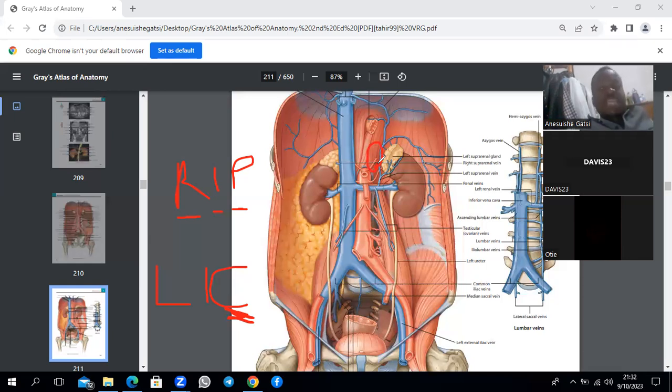So inferior phrenic artery, suprarenal from the aorta, then the renal artery. They are the three blood supplies for the suprarenal glands. The same renal fascia that surrounds the kidneys will surround those suprarenal glands. But what separates the suprarenal glands from the kidney is the perirenal fat.